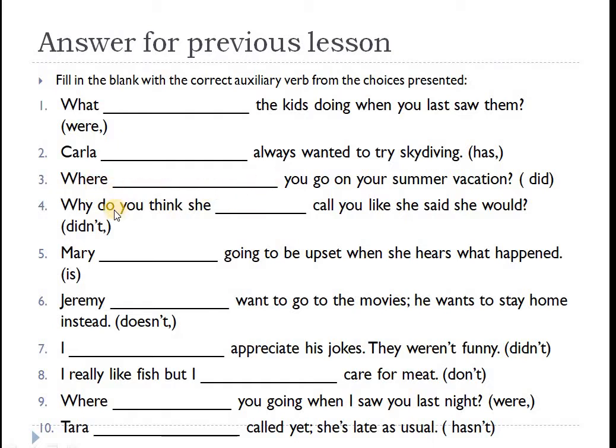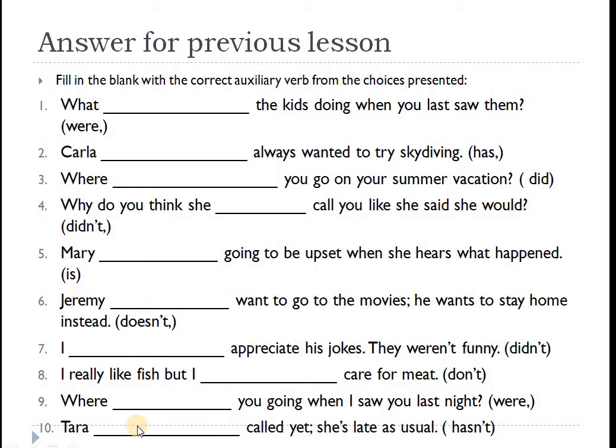Where did you go? Why do you think she didn't? Mary is going. Jeremy doesn't want. I didn't. I really like fish, but I don't. Where were you? Tara hasn't called yet.